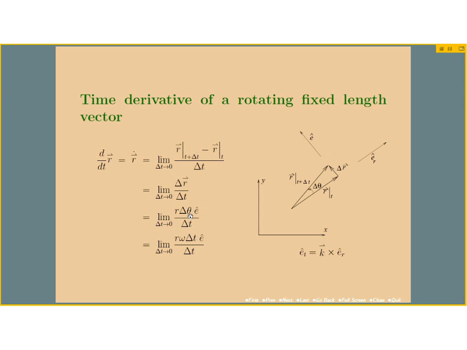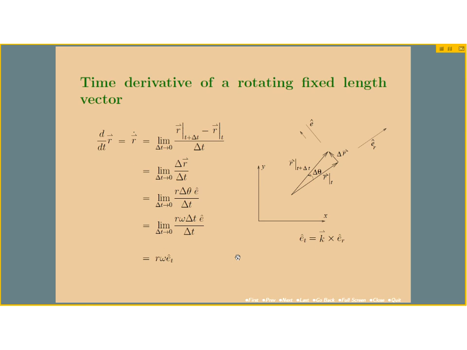Now, the delta theta we've already calculated as omega delta t. And in this expression, we can see that the delta t's in the numerator and denominator will cancel. We'll be left with the limit of r omega times the unit vector E. This can be simplified once we realize that the r omega in the limit doesn't really matter.